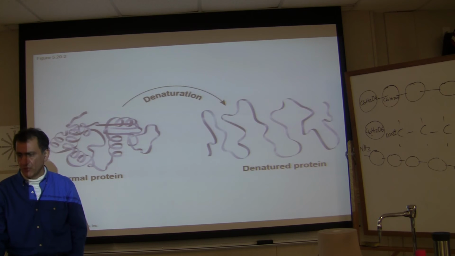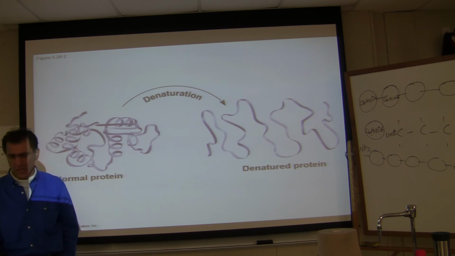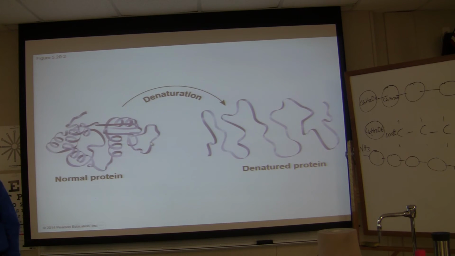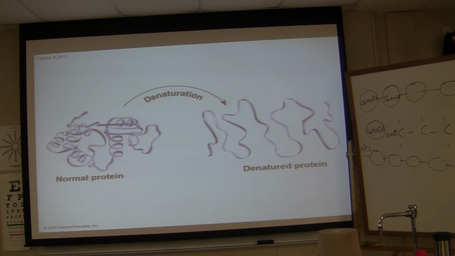Another term that you should be familiar with is denaturation. What is denaturation? The best example I have: if you fried your egg this morning, you took an egg and fried it, you denatured those protein molecules in the egg. Can you go back to the original shape? No. There's no way after you fry it that you can go back.